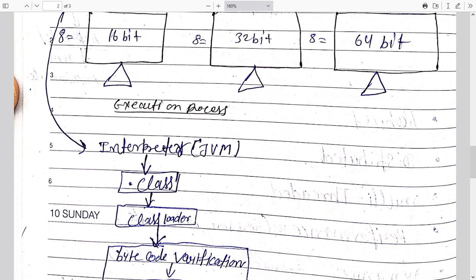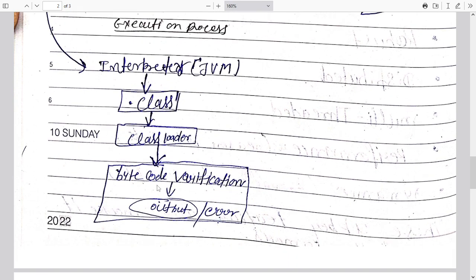Then the class loader loads our class successfully, and then the bytecode will be verified. If there are any errors, we will get an error, and if the verification is successful, then the output will be produced.